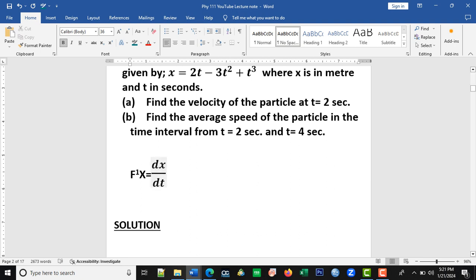So this simply means, mathematically, the rate of change of displacement with time. Of course, this signifies a quantity which is velocity. So the first derivative of a particle, let's say x in this case, gives us the velocity. And if we decide to find the second derivative of this quantity, it will give us acceleration.